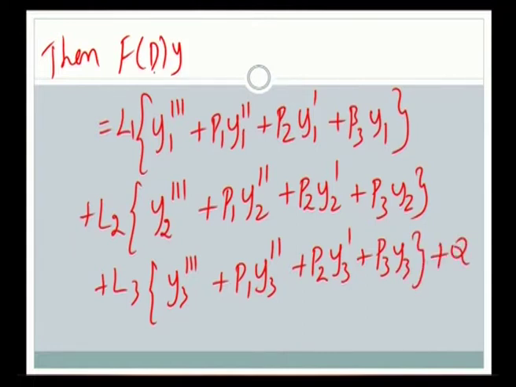This is how f of D into y will become after substituting the conditions A and B.